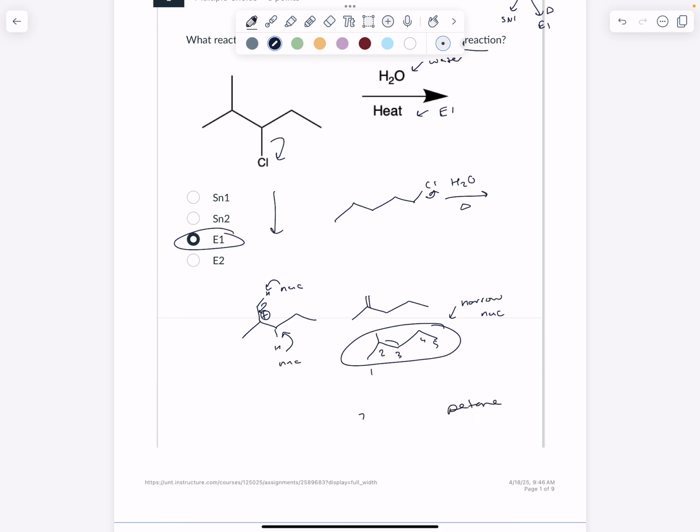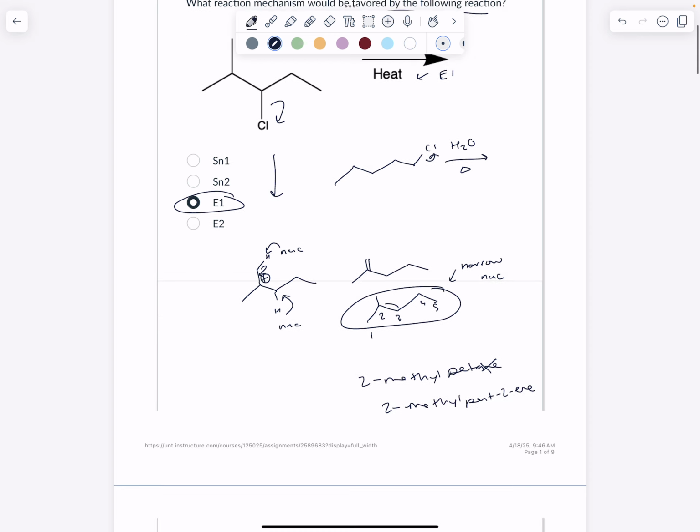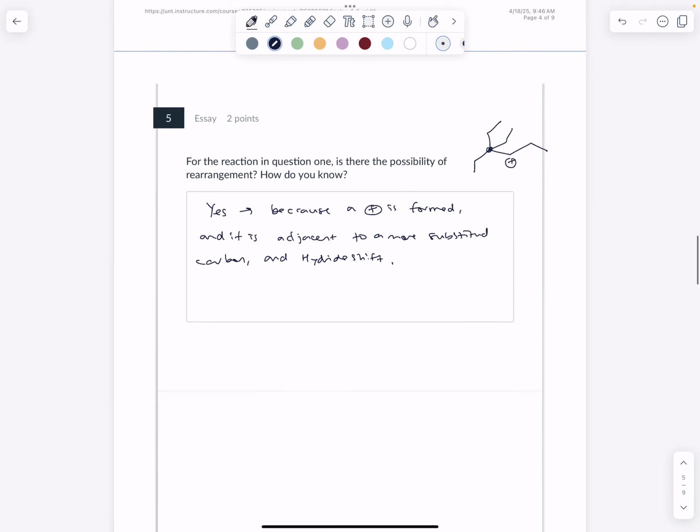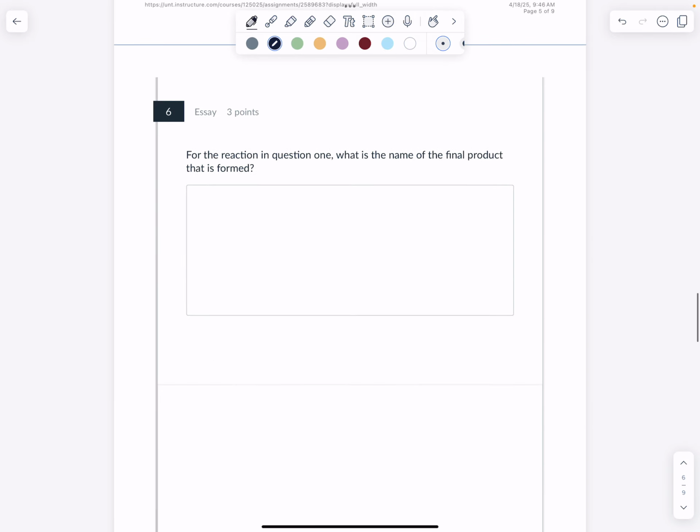And we have a 2-methyl pentane, but it's not pentane, it's 2-methyl pent-2-ene. Or you could say 2-methyl 2-pentene. Either one of those is fine. So 2-methyl 2-pentene.